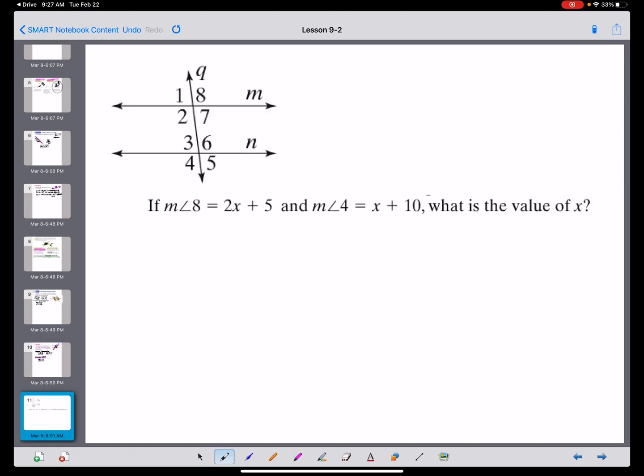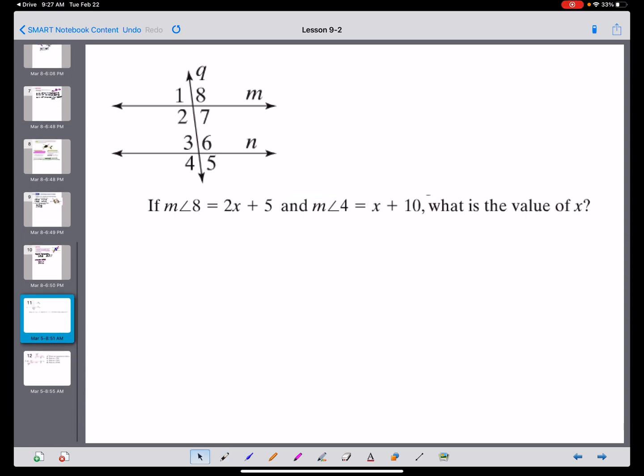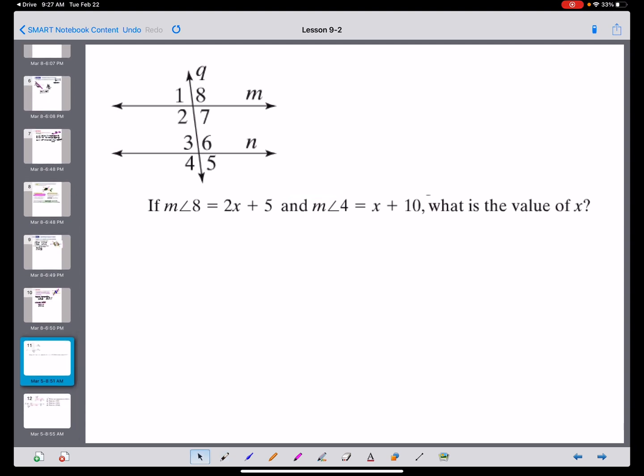All right, now let's give this a try. How does algebra play into this? Well, now that we know how to identify the angles, and we know the relationship between them as being congruent, I can see that the measure of angle 8, they are telling me, is 2x plus 5. So they're not giving me the measure of angle 8 as 50 degrees.